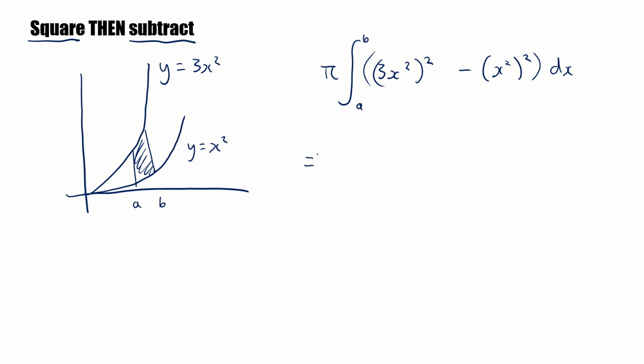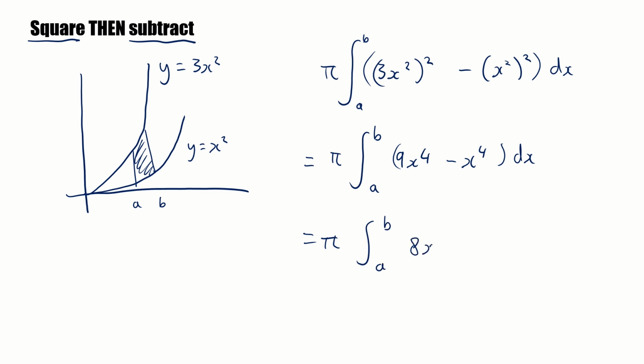The reason this has helped in this particular scenario, doing it as one big integral, is that because both of them involve x squareds, some of the terms are going to nicely, or in fact in this case all of the terms are going to nicely combine, which then means I've got less to deal with. So for instance, 3x squared all squared is 9x to the power 4, and x squared squared is x to the power 4. So therefore that means you can then simplify the integral before you're actually having to try and do the integrating itself, which then means you would have less to deal with in the long run.